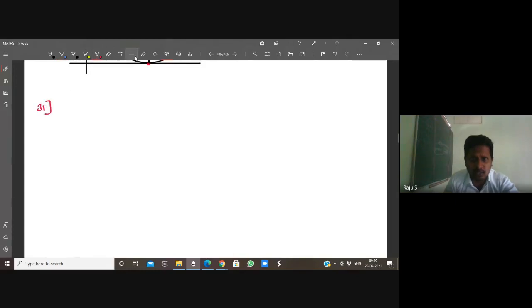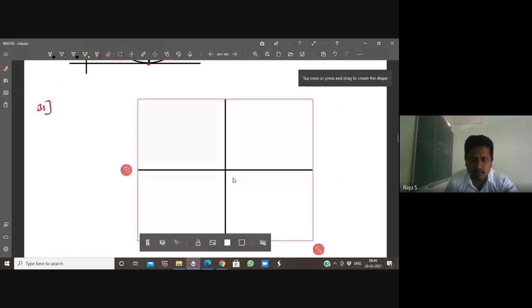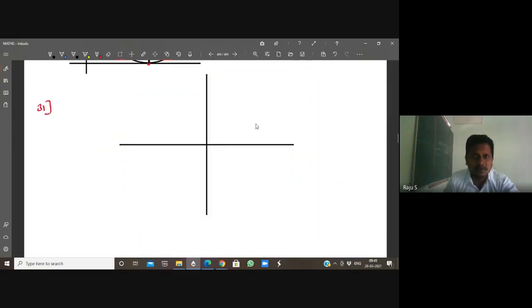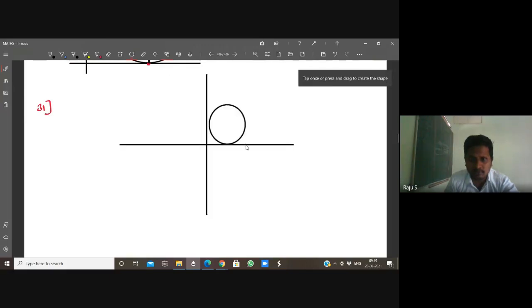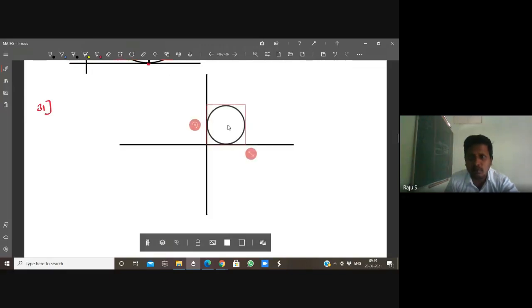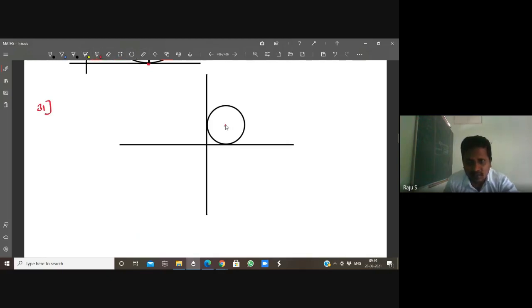I'm going to take the circle which touches both the axes. If I take the radius as, for example, a, what is the center? Center becomes a comma a.